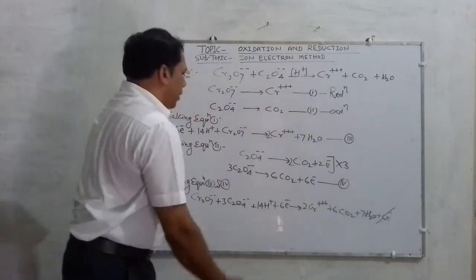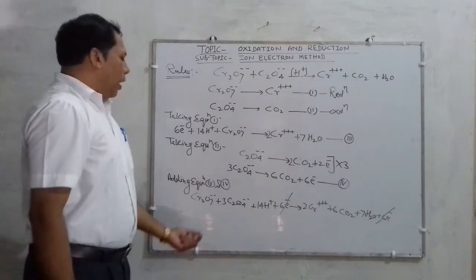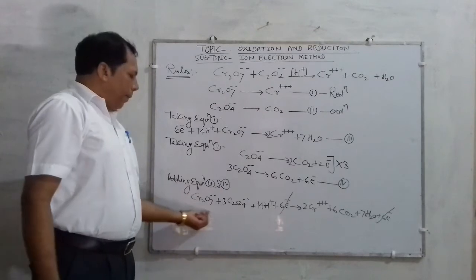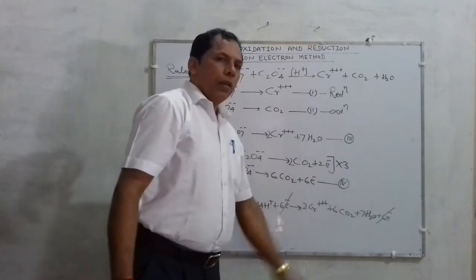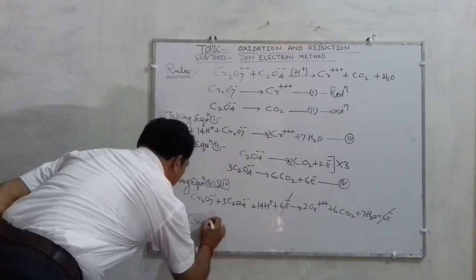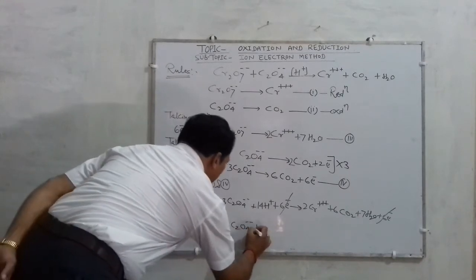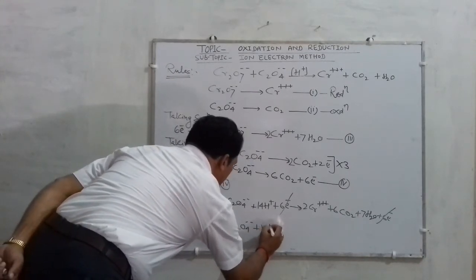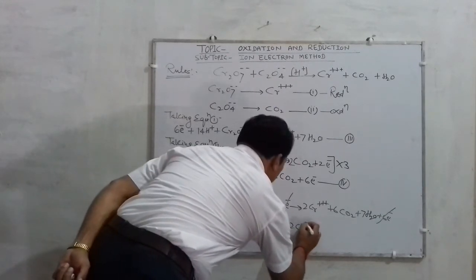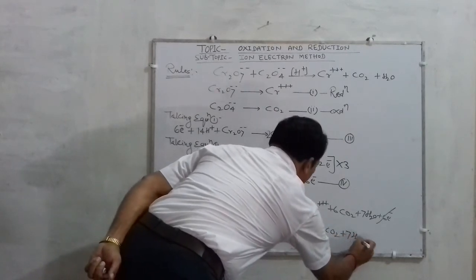According to mathematics, the 6e minus on both sides cancel out, and the rest will be the balanced chemical reaction: Cr2O7 minus 2 plus 3C2O4 minus 2 plus 14H plus changing into 2Cr plus 3 plus 6CO2 plus 7H2O.